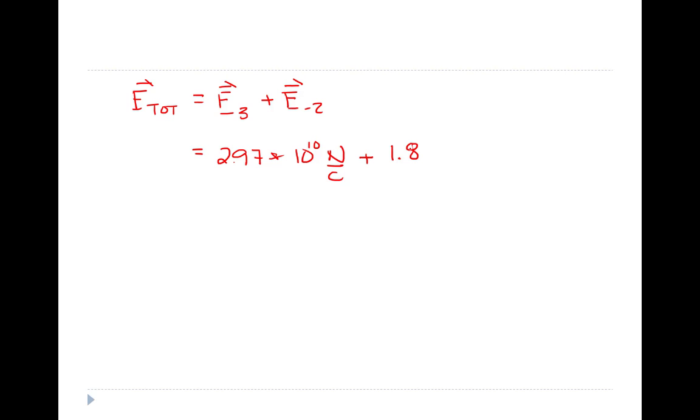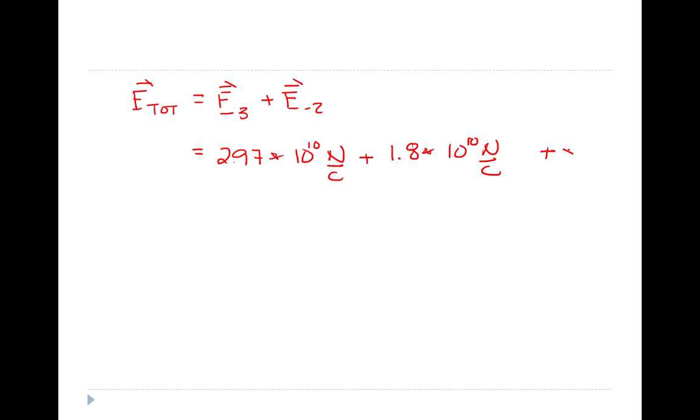I can now find the total field by adding, oh, that's supposed to be an equal sign. Okay, I can find the total field by adding the 3 coulomb field to the negative 2 coulomb field. Everything here was in the positive x, so I can add them together to get 2.97 times 10 to the 10th newtons per coulomb plus 1.8 times 10 to the 10th newtons per coulomb.